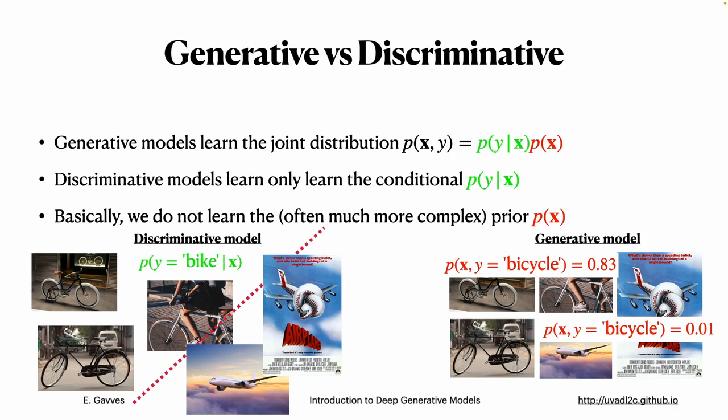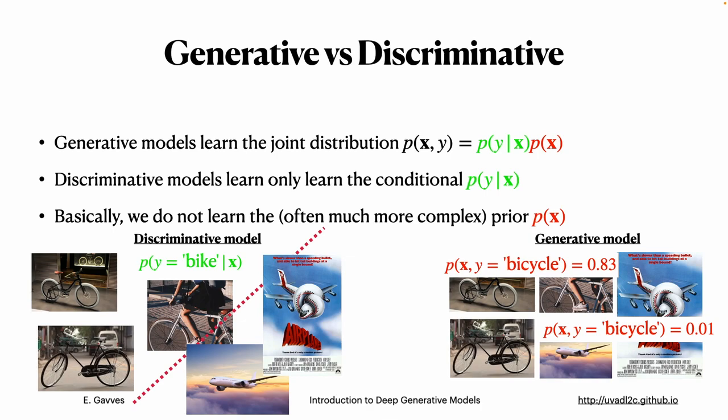If it were a regression task, I would be interested in the points on the line, like how many wheels do I have, for instance, if I have a tricycle instead of a bicycle. Whereas for a generative model, you want to learn to return a number, a likelihood, a probability for all combinations.